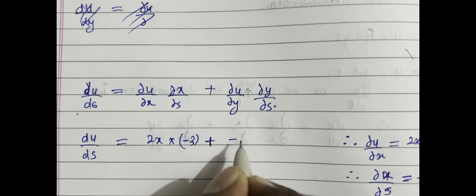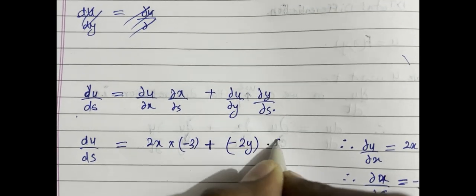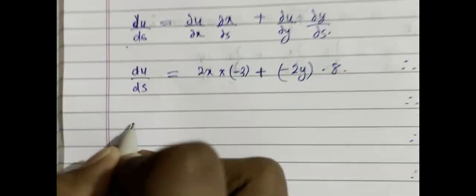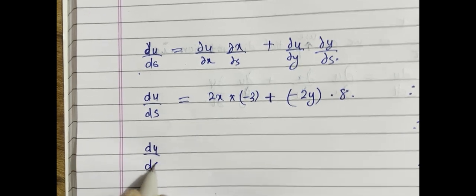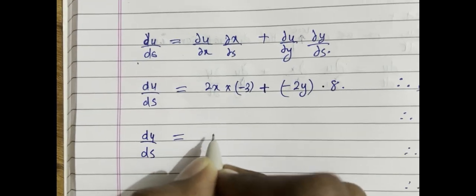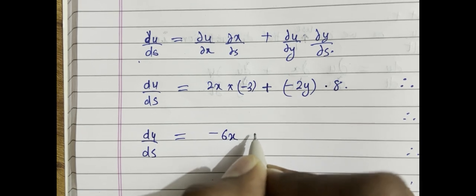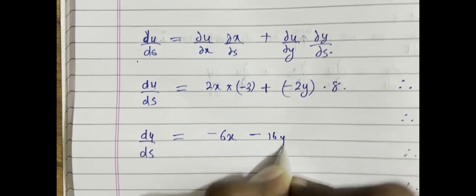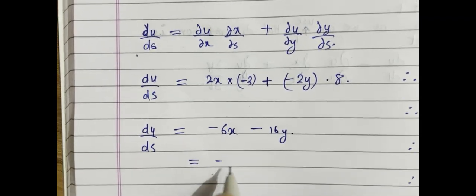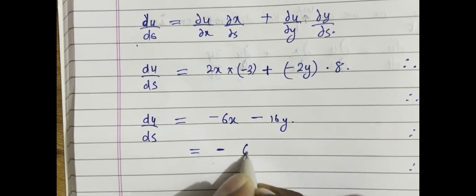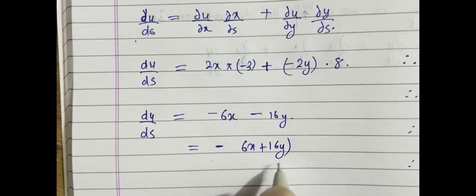So here minus 2y into 8. du by ds is equal to minus 6x minus 16y, that is minus common 6x plus 16y.